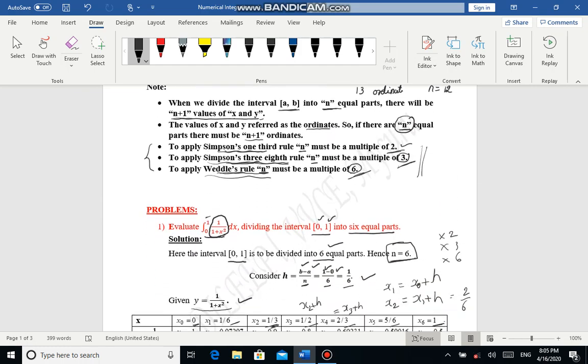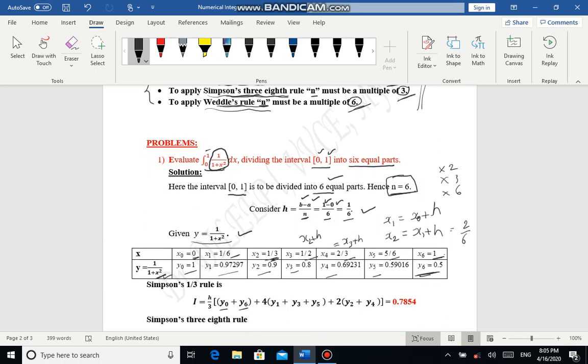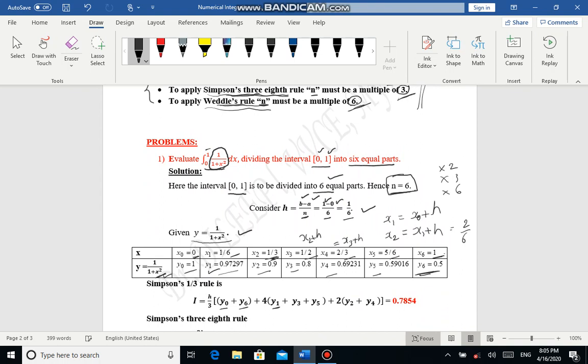So in this problem we have y1, y3 and y5 values, plus 2 into the even suffixes, that is y2 and y4. So substitute the values here and you will get the value of the definite integral.